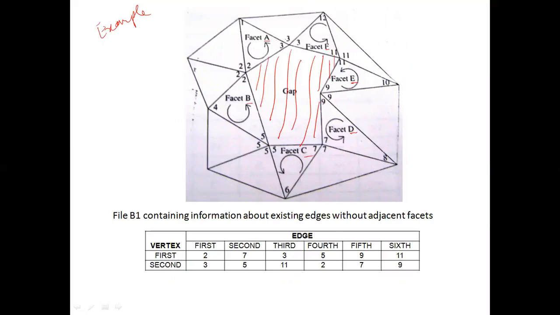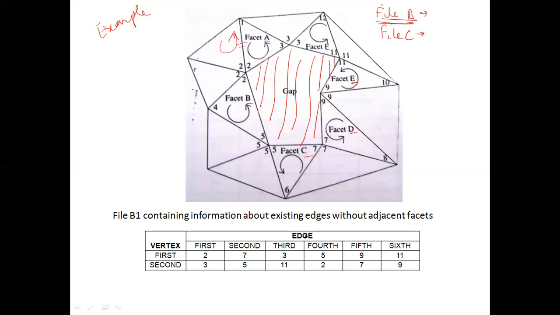So now I will create file B and I will create file C. File B is all those edges which will be having opposite orientability. Like if I check this figure, this edge will have opposite orientability, 1 to 2, and it will be 2 to 1. So this is having opposite orientability.